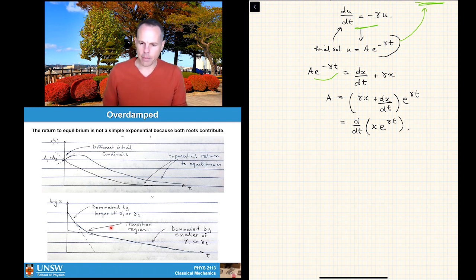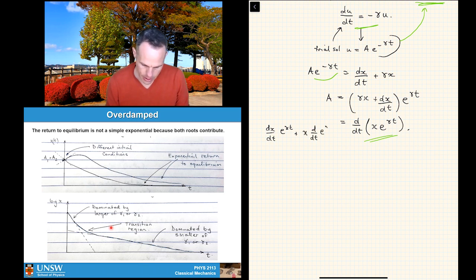Okay, this one I actually will do really quickly just to convince you this is right. So if we do this derivative in here, we know that x varies as a function of time, right? So we've actually got two terms. We have to do this by product rule. So we would have dx/dt e^(γt) plus x d/dt e^(γt).